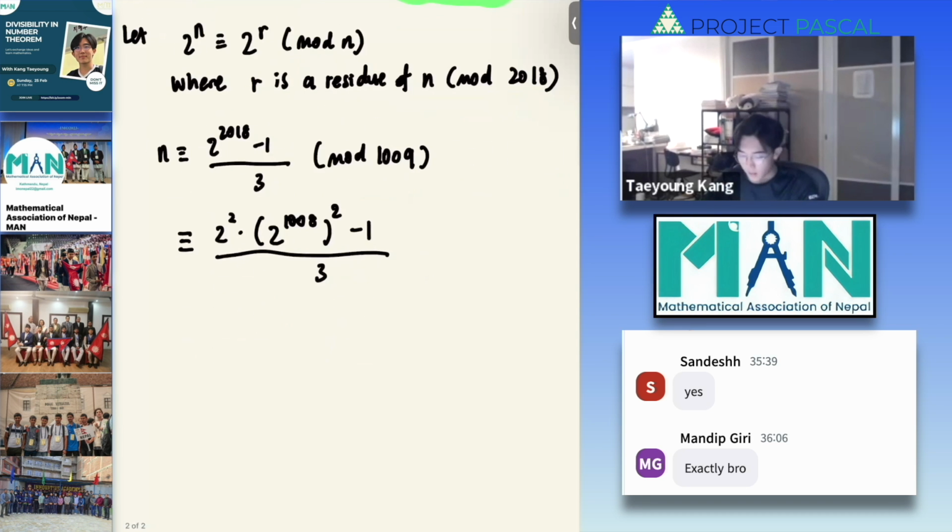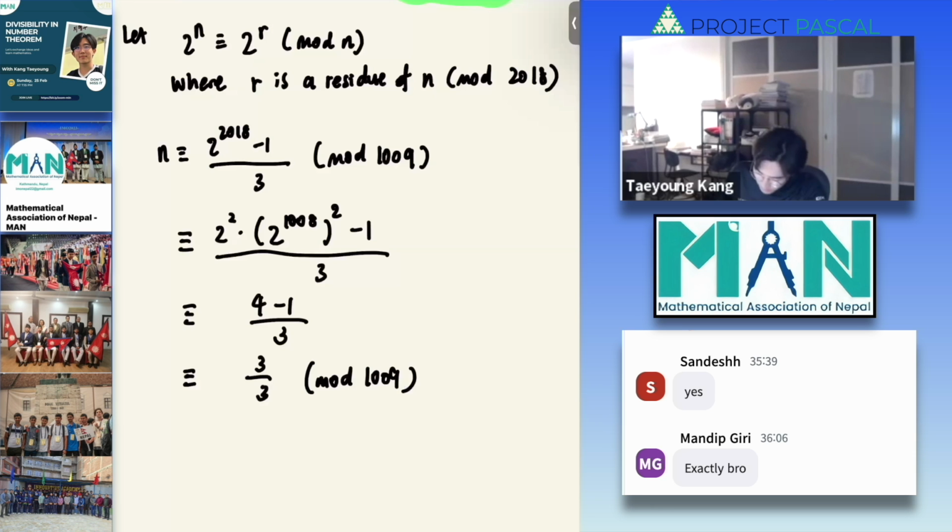And if you recall, 2 to the power of p minus 1 is congruent to 1 mod p, right? So 2 to the power of 1008 is congruent to 1 mod 1009. So this is congruent to 4 minus 1 divided by 3, which is 3 over 3, which is congruent to 1 mod 1009.